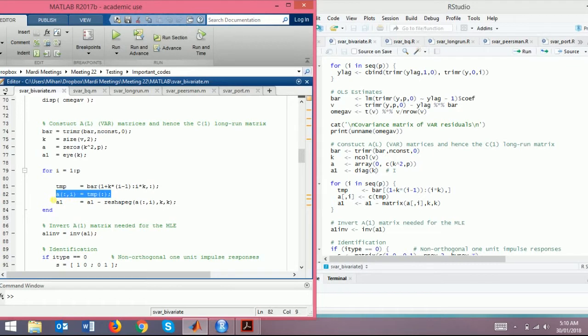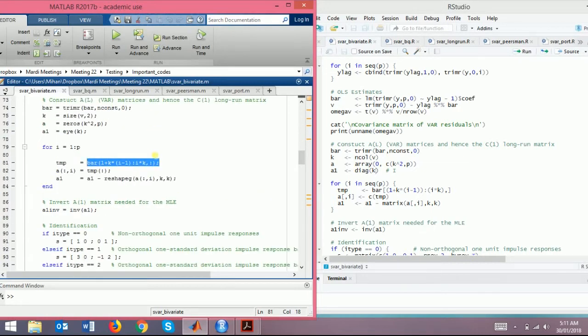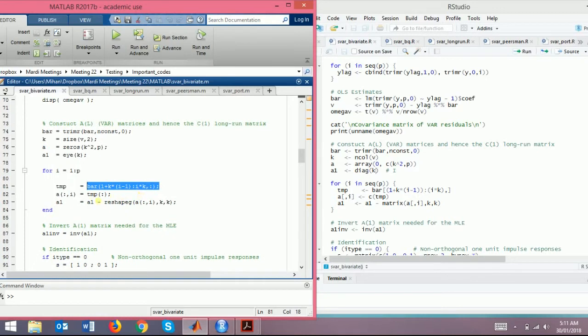Then for all rows and the autoregressive columns, we put whatever we estimated from our beta. Our beta has been estimated earlier with regression, and from the beta we are restructuring it for y(t minus 1) till y(t minus i).